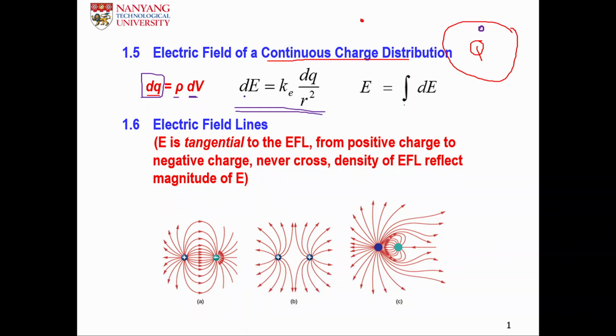From this dE to the total E, what we need to do is a mathematical integration over the entire object. What you get is the total E at this point due to this capital Q. So this is the idea, or the logic, of how we can determine the total electrical field if the total charge is not a single point charge anymore.